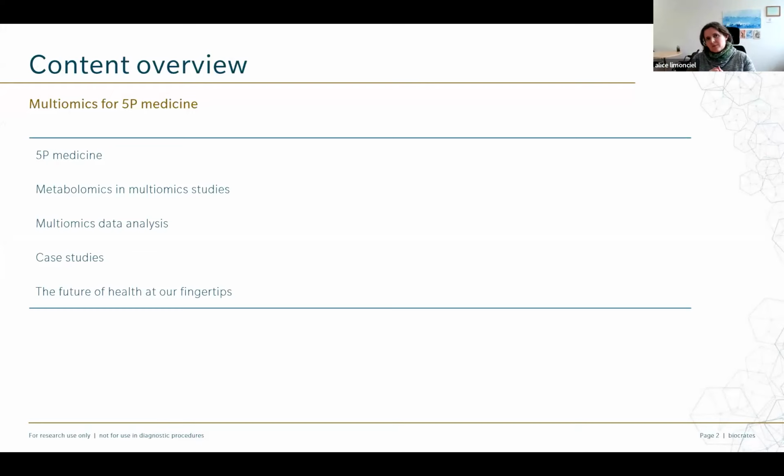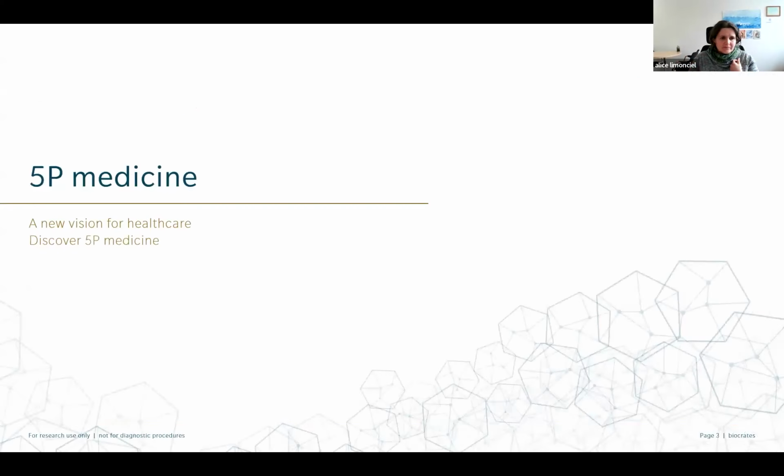We've had a beautiful example of that in the previous talk, but I'll touch on different studies where different outcomes have been achieved because the scientists have combined omics together. And then we'll see how we have the future of health at our fingertips, really thanks to the added value of those new molecular tools. They're not exactly new anymore, but compared to the way we've done research in medicine for a long time before that, they're relatively new in the last couple of decades.